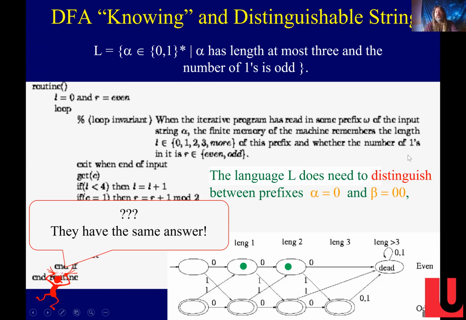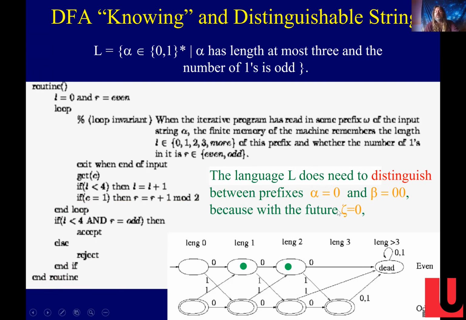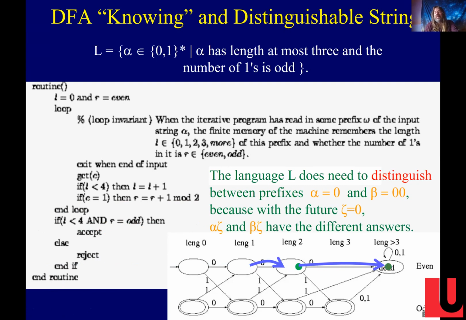Well, it's because there exists a future. I can name one future: let's receive another 0. If that guy receives another 0, or that guy receives another 0, they go different places.